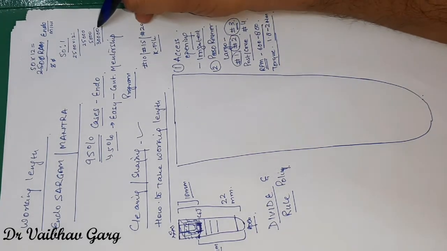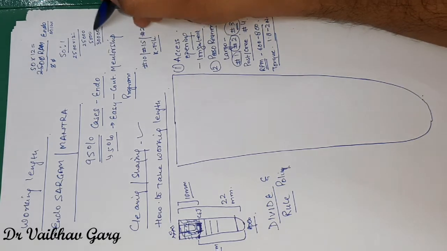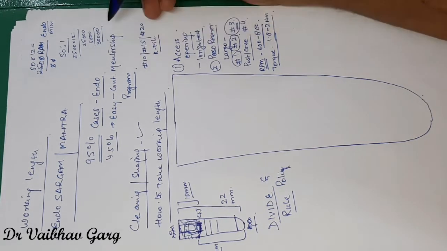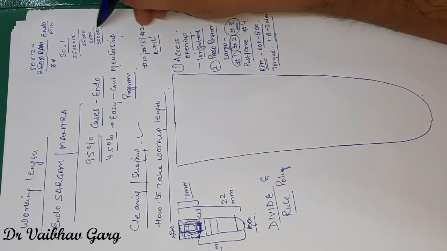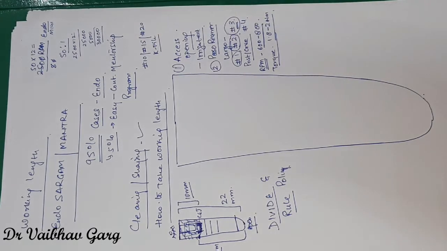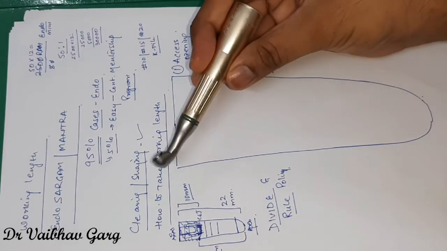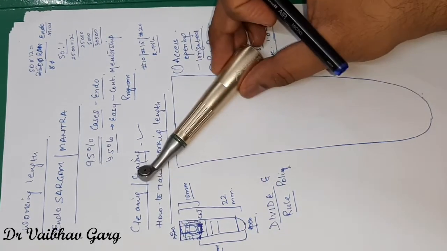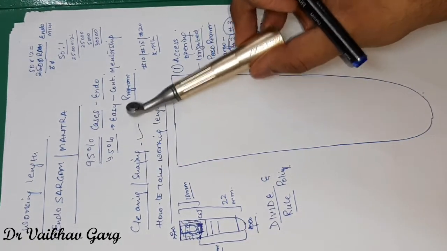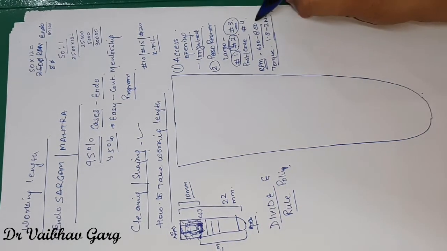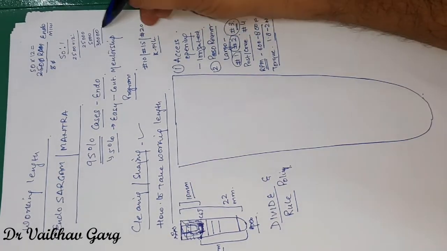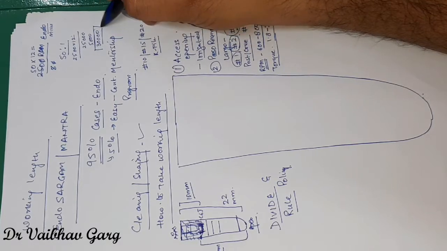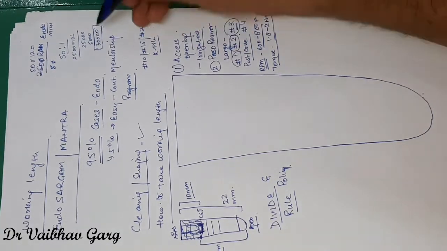So if your micromotor gives you a basic 30,000 RPM, and you are using this golden handpiece with the micromotor machine, you will be able to achieve this kind of RPM, because these readings are very common in micromotor.